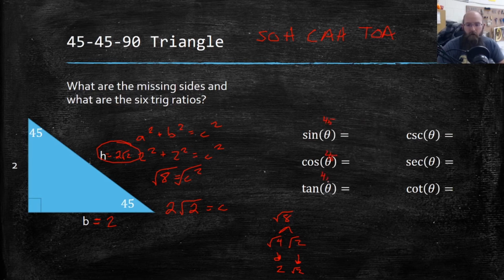These are all 45s everywhere, because I don't care about the 90. It's weird that way. I only care about that 45, and it's the same both directions, so it doesn't really matter. Opposite of one of them is a 2. Hypotenuse is 2 square root of 2. So let's sign that up here. So I have 2, my opposite, over 2 square root of 2.